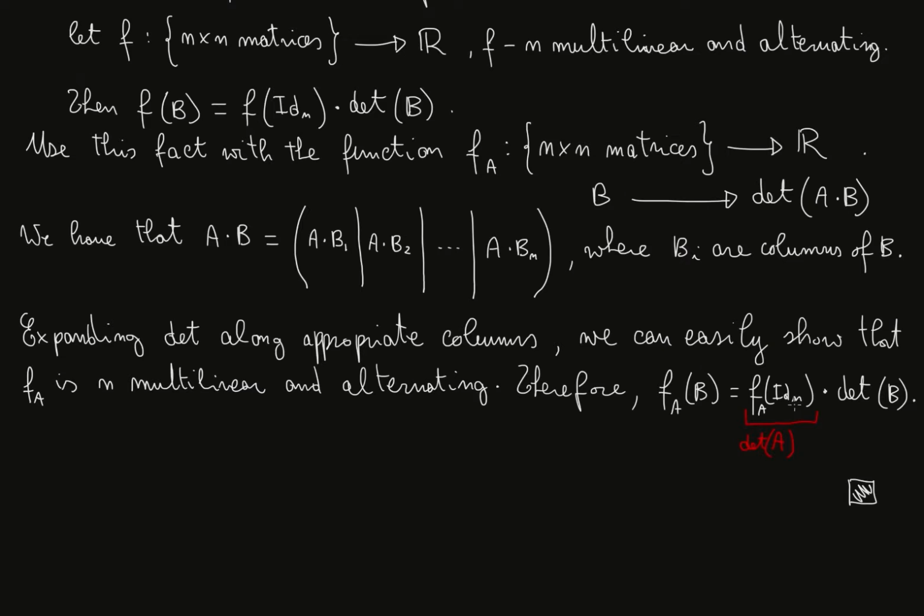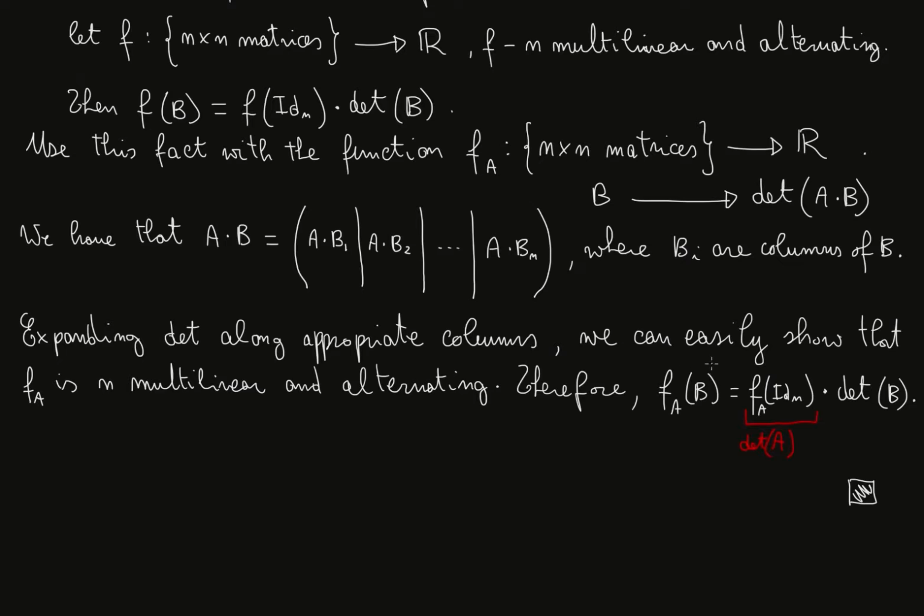We take the matrix we are applying f_A to, multiply on the left by A, and then take the determinant. The matrix is now the identity matrix. If we multiply on the left by A, we get just A, and then we take the determinant of the resulting matrix. So this term is just the determinant of A.